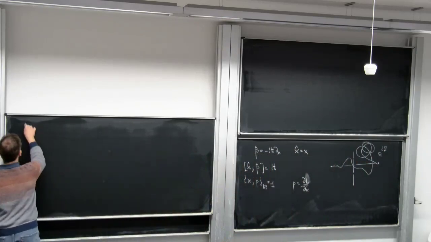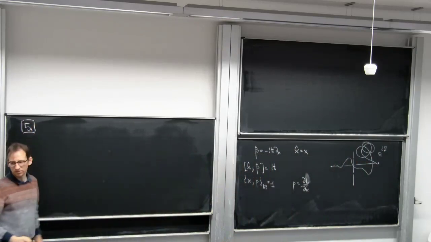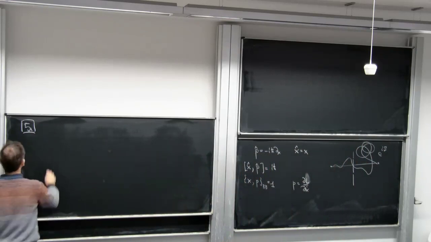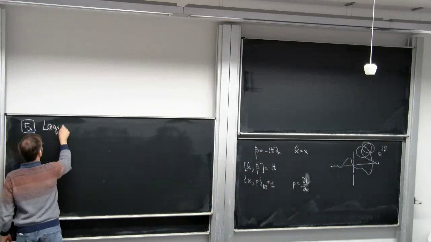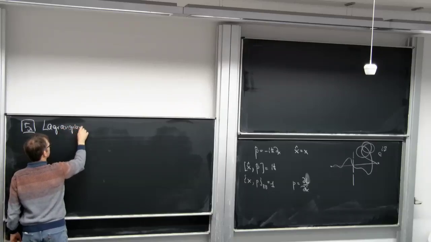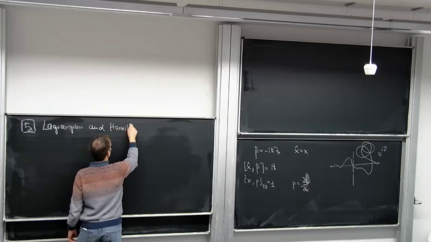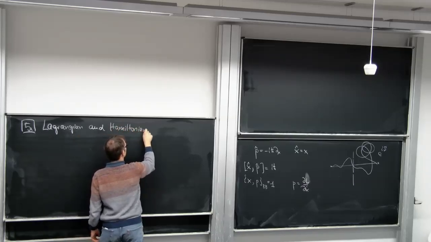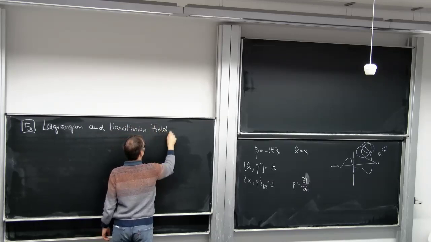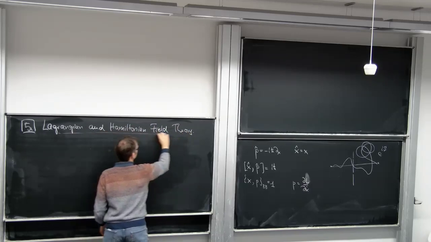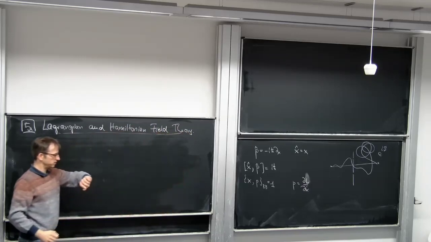Number 5. Lagrangian formulation, I guess. Lagrangian and Hamiltonian field theory. Can I go fast?